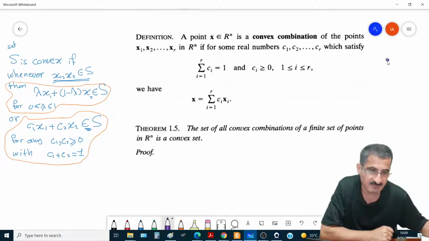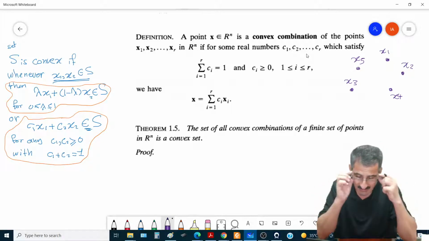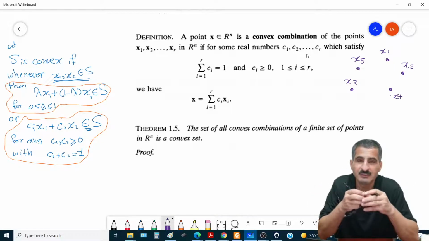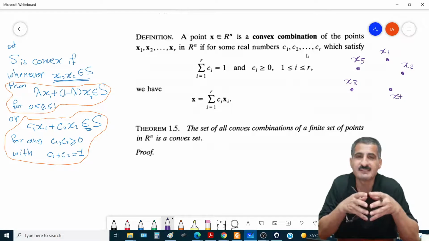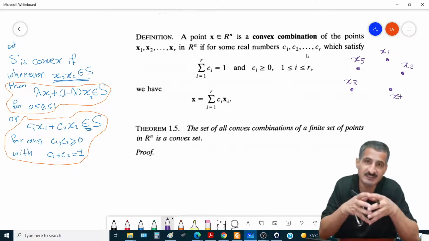Assume we have points, say this is x1, this is x2, x3 maybe somewhere, x4, maybe x5 here, and so on. Now these are just points. I want to form a convex set out of these points, which means I want the smallest convex set that these points make.